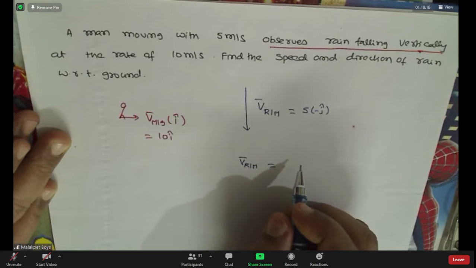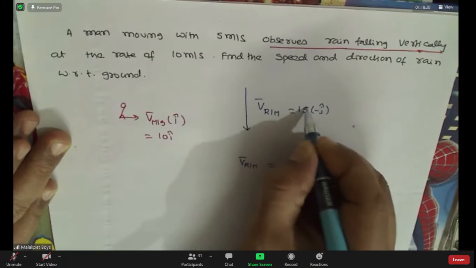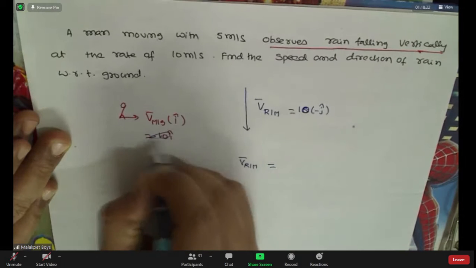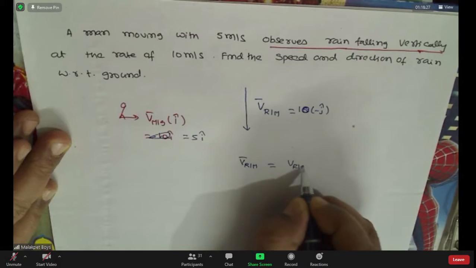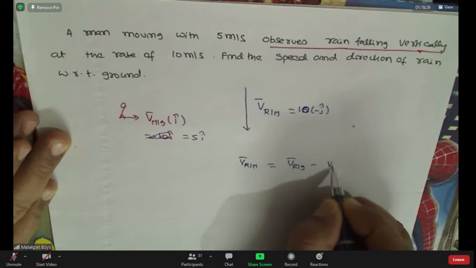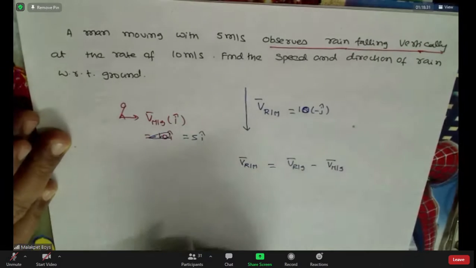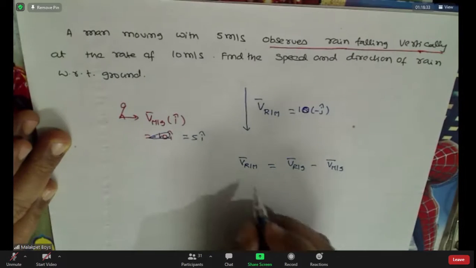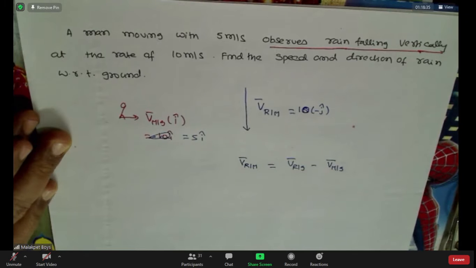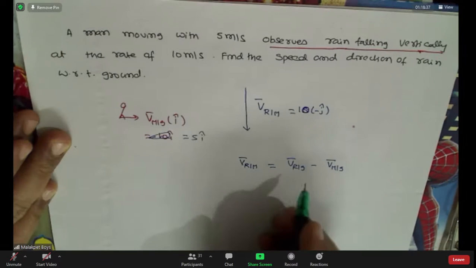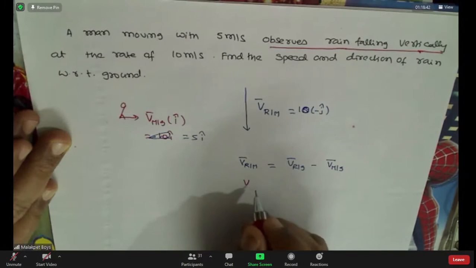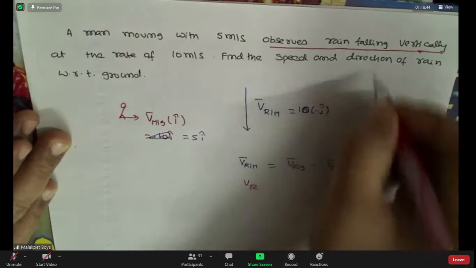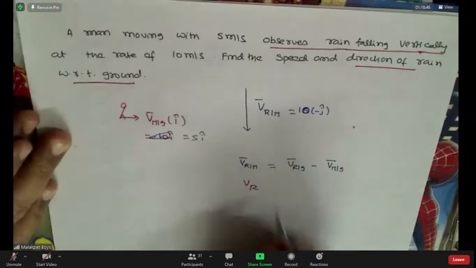Velocity of rain with respect to man is 10, and the velocity of man is 5. Now construct the vector diagram. What are the two things we have? Rain, already you have. So we are asked the direction of rain with respect to ground.